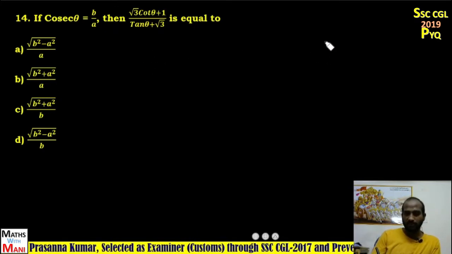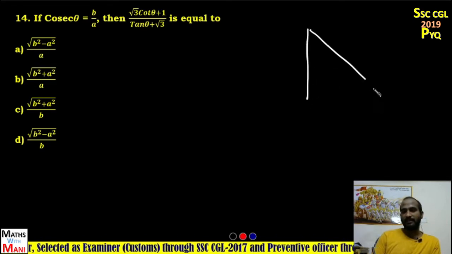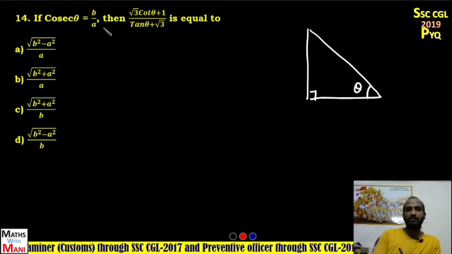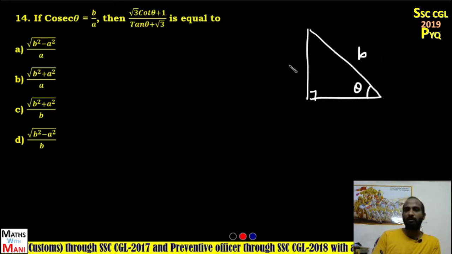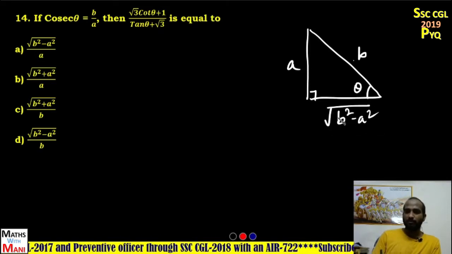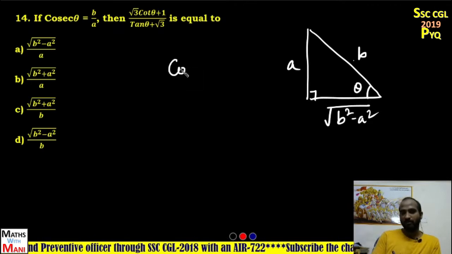You can solve this problem using a right angle triangle. Yes or no? There is a right angle triangle in which I take one acute angle as theta. Cosecant means hypotenuse by opposite side, b by a. So what about the adjacent side? Square root of b square minus a square.